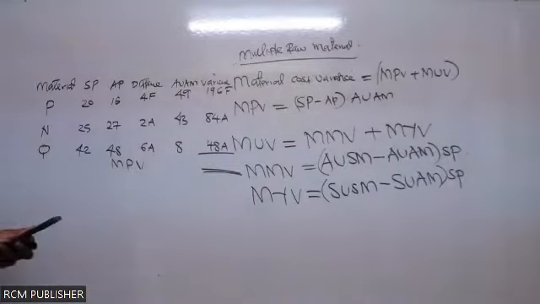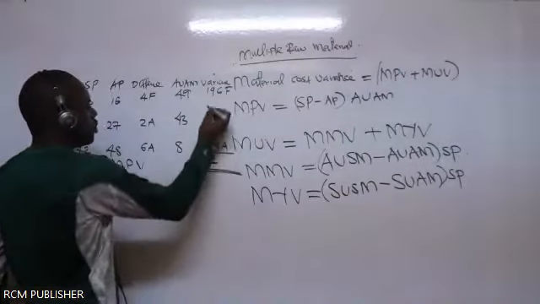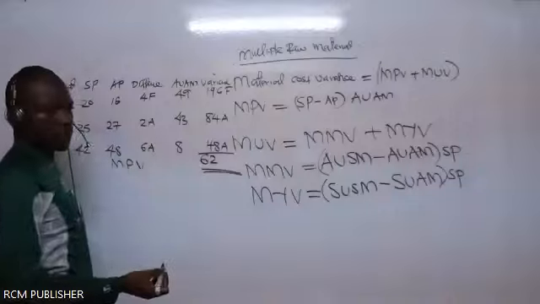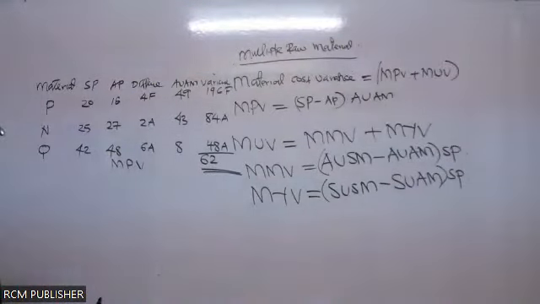The whole difference will be 62. So tell me whether it is adverse or favorable. Is positive more than the negatives?